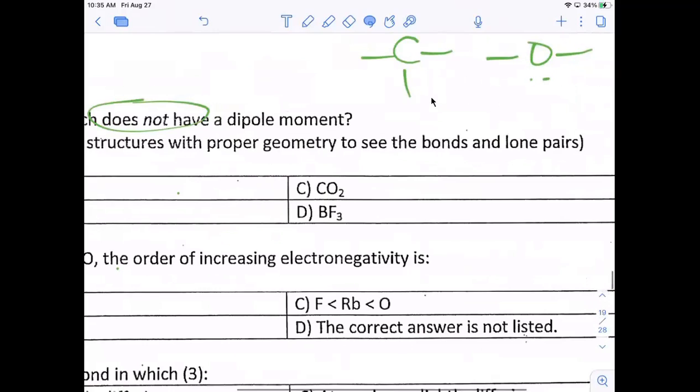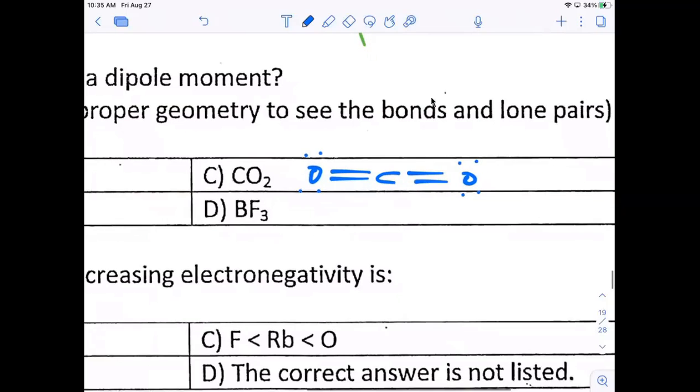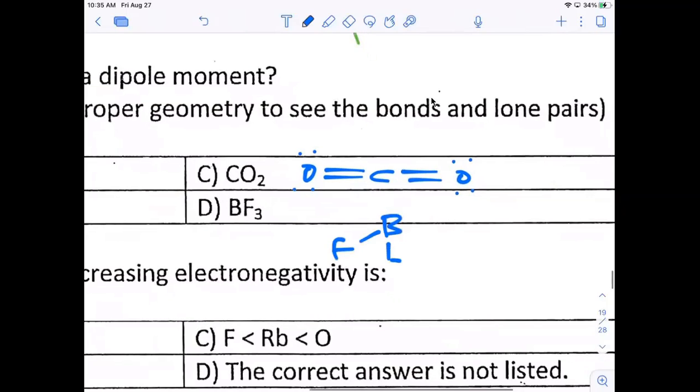So if we write out CO2, it looks like this, where it's all neutral. And then we write BF3, it's going to look like this, B. All right.